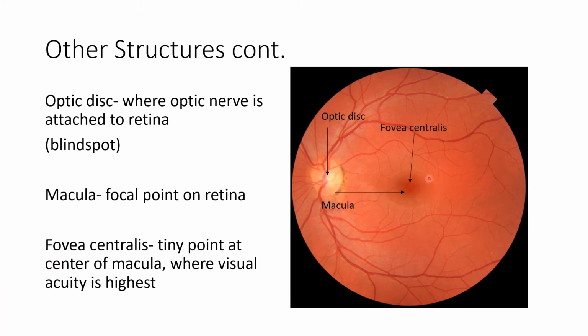If this is the outline of the macula here, this little darker spot right in the center here is called your fovea centralis. If you look closely, you can see a little point right in the middle there. And this is the spot where your visual acuity, or sharpness of vision, is the absolute best because light is basically perfectly focused right there on the fovea centralis.